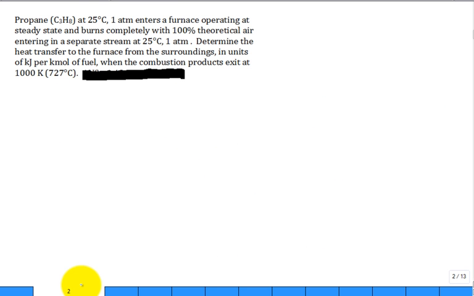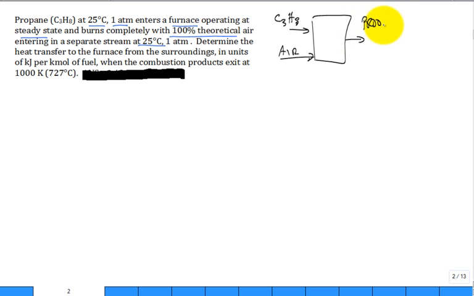So let's start with a problem. It's very similar to a problem that we solved last time. We have propane. It comes in at 25 C, 1 ATM, into a furnace operating in steady state, burns with 100% theoretical air. The air enters at a separate stream, 25 C, 1 ATM. So we have two inputs, the pure propane, C3H8, and the air into our combustion, and then the products go out, combustion products.